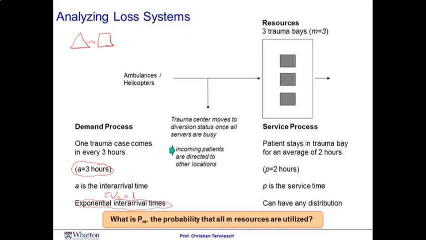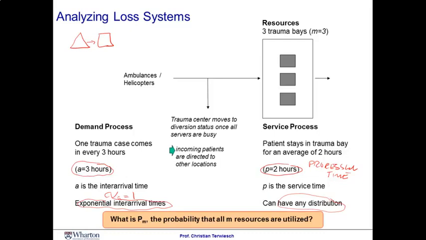On the service process, we find that in this trauma center, patients stay on average in a trauma bay for 2 hours. This is nothing else but our good old friend, the processing time. Again, it is naive to believe that, Dr. Toyota-like, the patients would stay exactly 2 hours in the hospital, but P can have any distribution, though it turns out that the standard deviation of this distribution will not matter for our analysis.